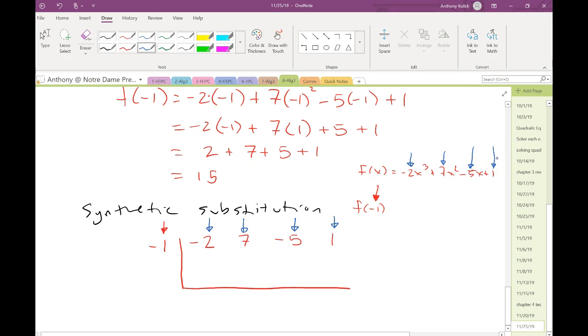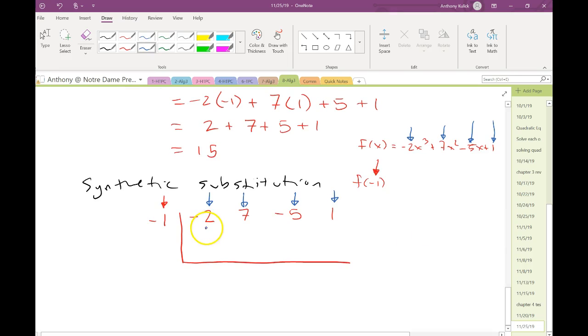Everybody see that? So far, so good? All right. So that's the setup. I just write whatever we're substituting in for x on the outside, and the coefficients for my polynomial there on the inside.